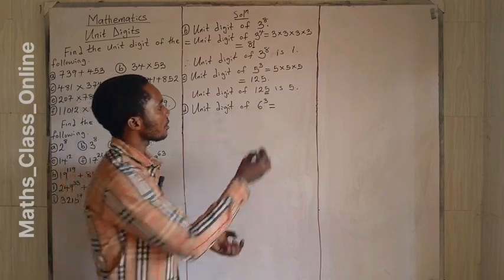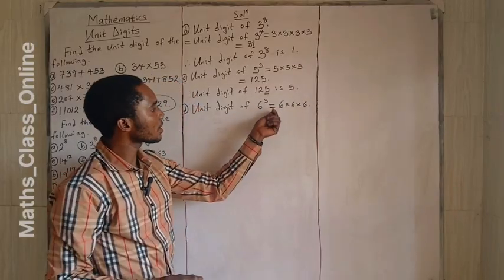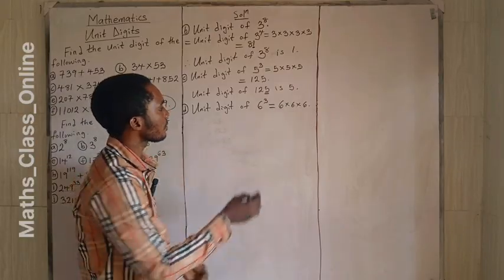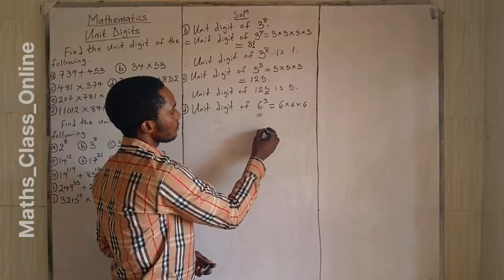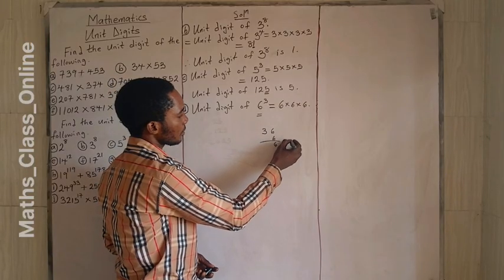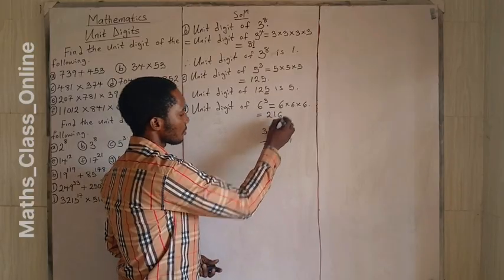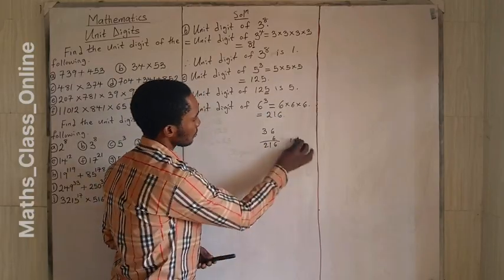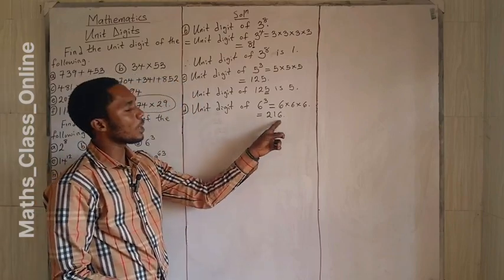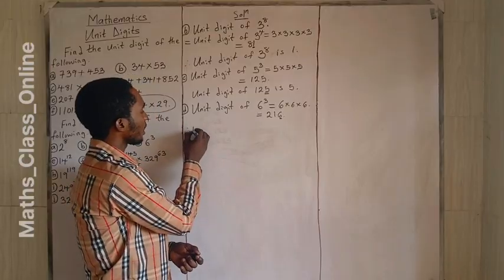We are going to expand. 6 times 6 times 6. 6 times 6, that is 36. 36 times 6, that is 216. What is the unit digit of 216? The unit digit of 216 is 6.